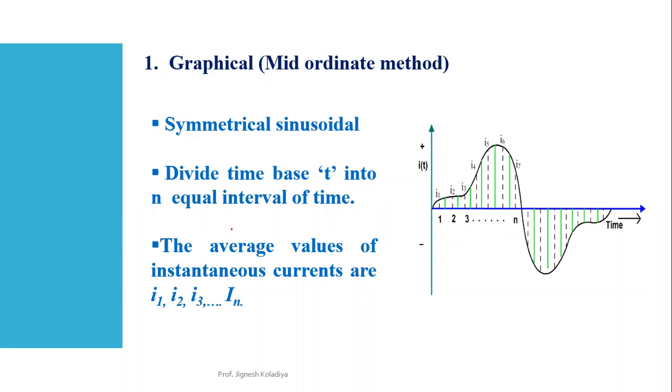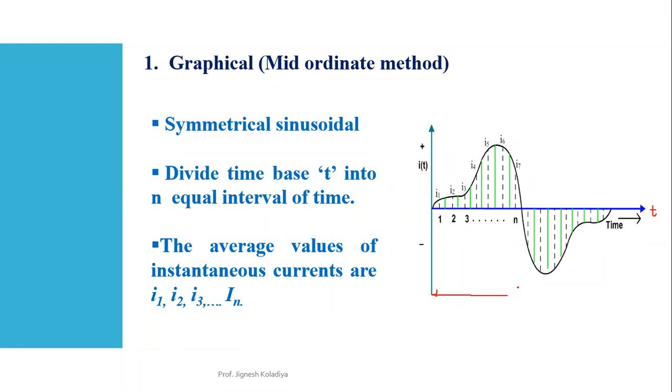Now, as per this method, first of all, I have to divide the time base into n number of equal intervals. So this is the time base, meaning the time axis, and I have to divide the whole time period into n number of equal intervals.